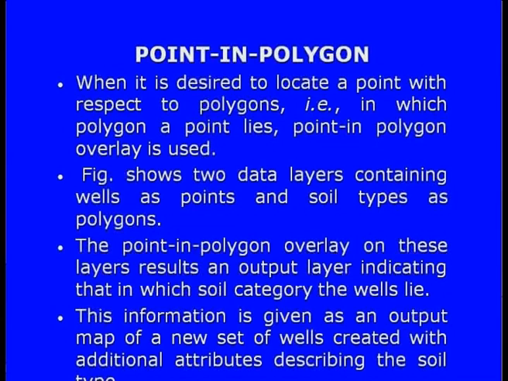The figure in the next slide shows two data layers containing wells as points and soil types as polygons. The point in polygon overlay on these layers results in an output layer indicating in which soil category the wells lie. This information is given as an output map of a new set of wells created with additional attributes describing the soil type.